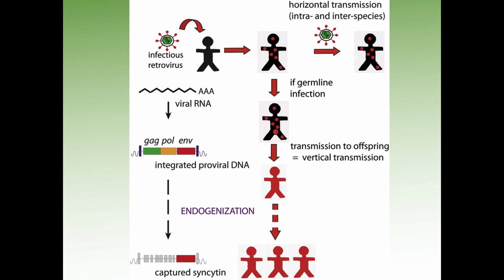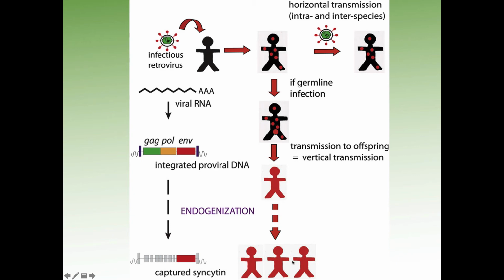They'll then make this viral RNA. And then there's this process of endogenization, where, when it makes this proviral DNA, pieces of it might get integrated into the genome of an organism. So when this piece of the viral genome gets inserted, or endogenized, into the host genome, if that happens to end up in the germline, then you can pass this mutation on to your offspring through vertical transmission.